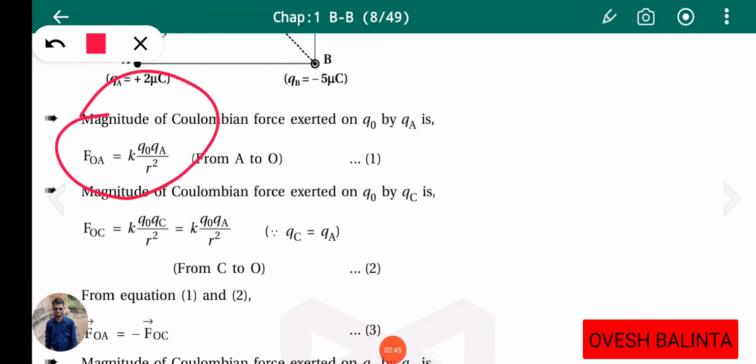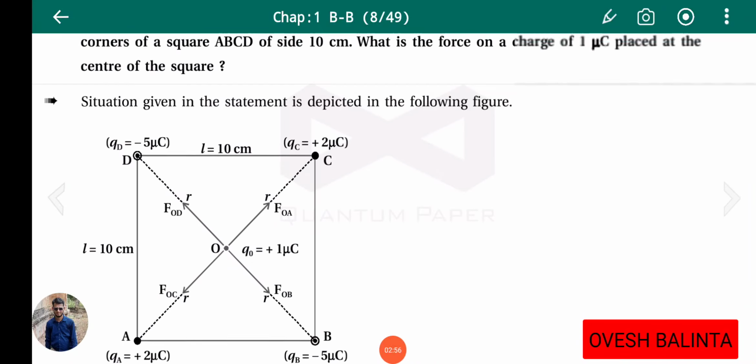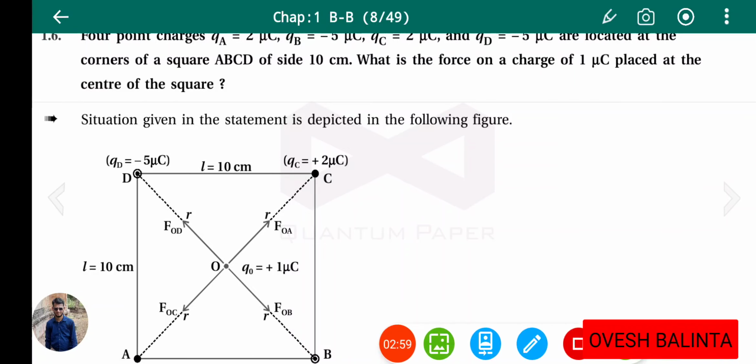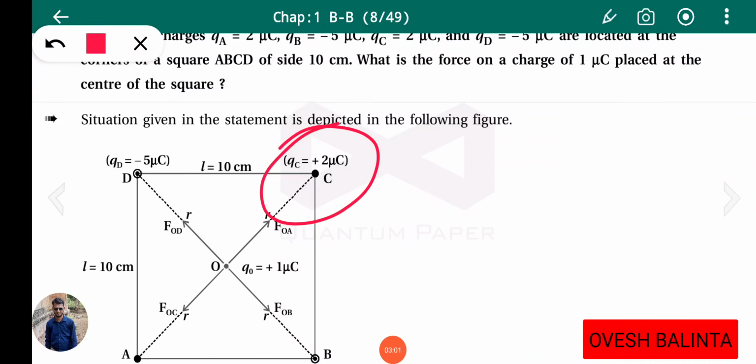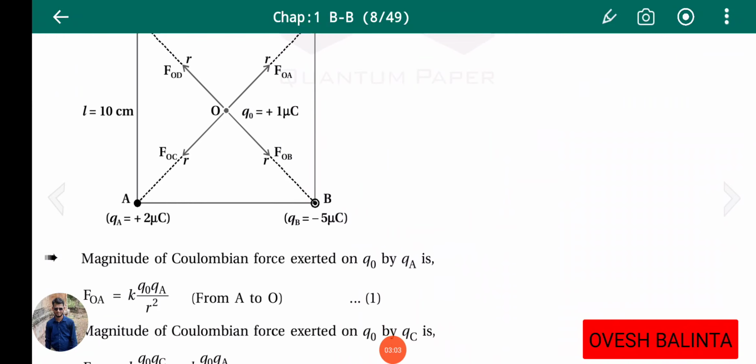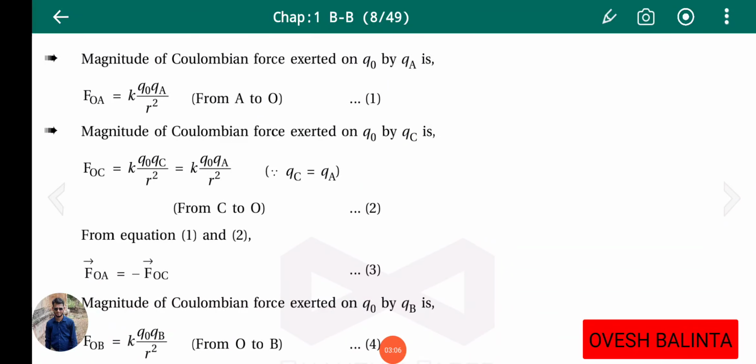Now the magnitude of the Coulombian force acting on Q0 by QC. Here QC is equal to QA, so the charges are equal. So the magnitude of the Coulombian force is FOC is equal to K Q0 QC upon R square, which is K Q0 QA upon R square.